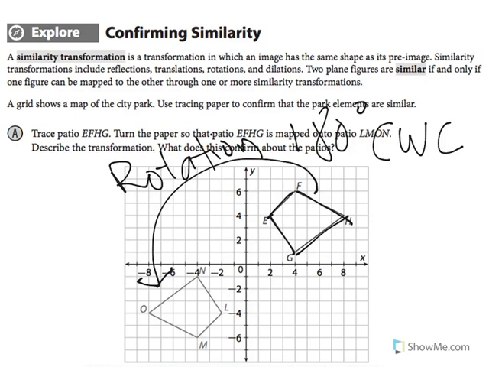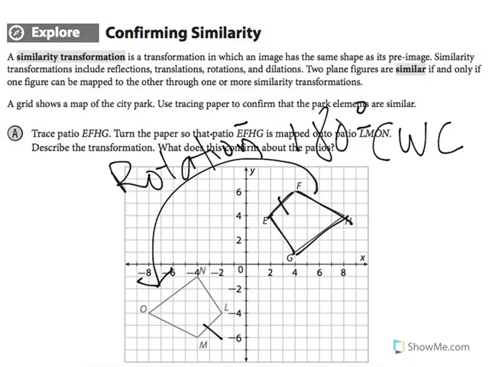What did this confirm about the patio? So then we know that segment EF maps onto LM, and you can notice that the order here is the same as here.